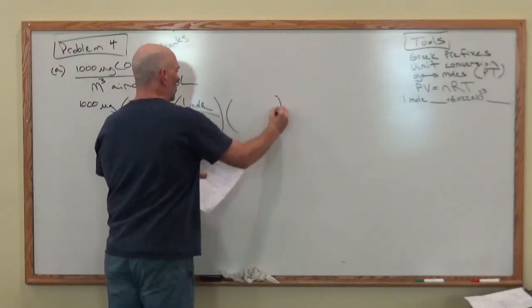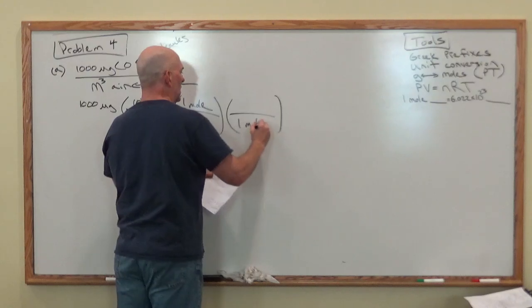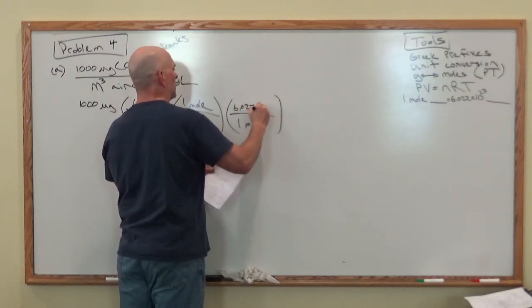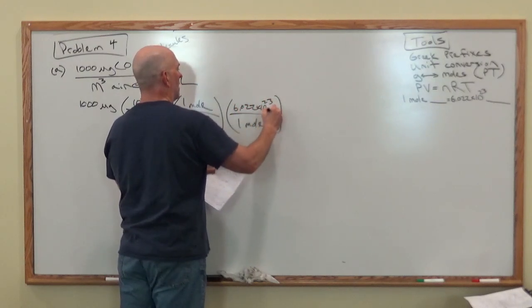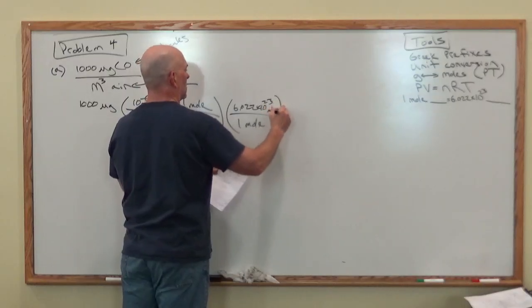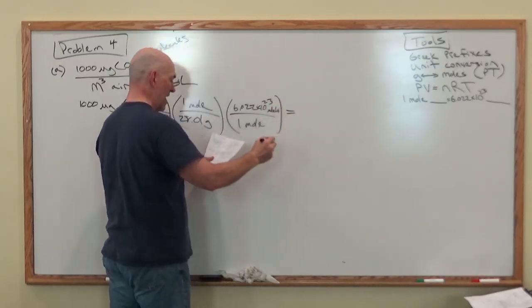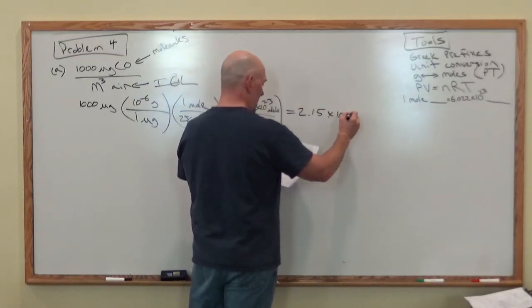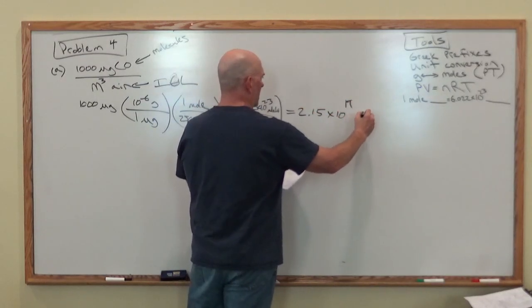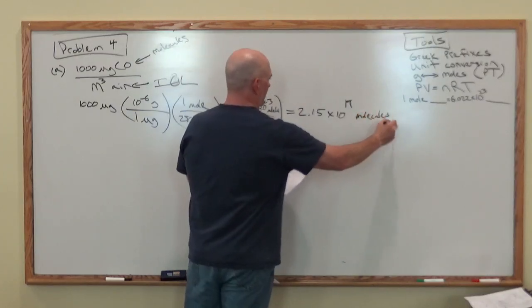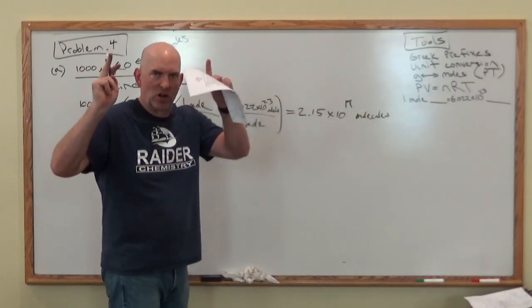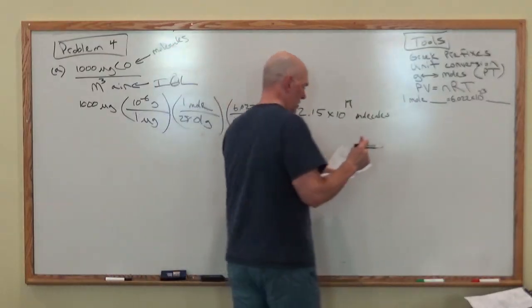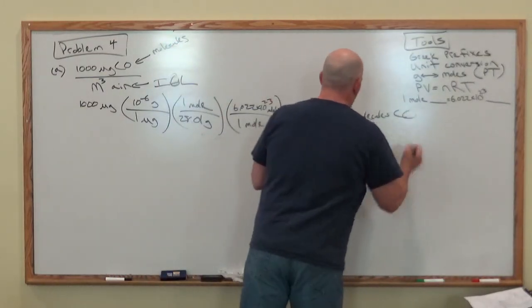And then we know that a mole is 6.022 times 10 to the 23rd molecules. Great, do that math, and I came up with 2.15 times 10 to the 19th molecules. So those are the parts in the numerator, molecules of carbon monoxide.